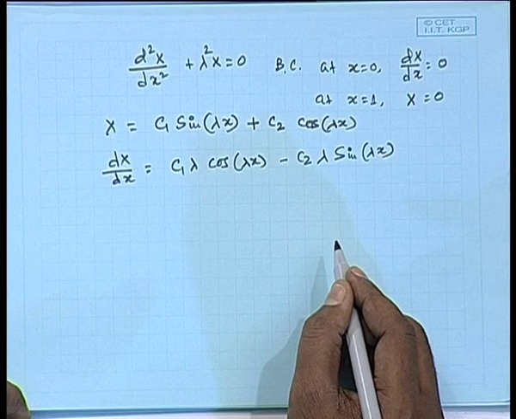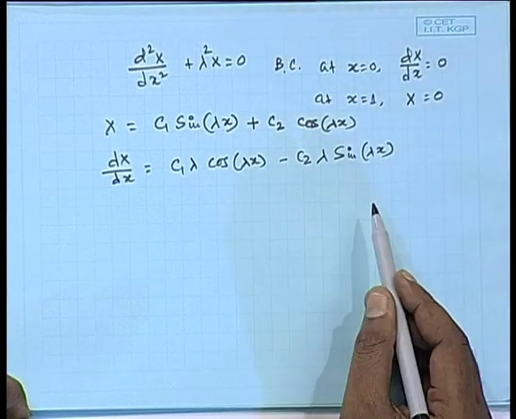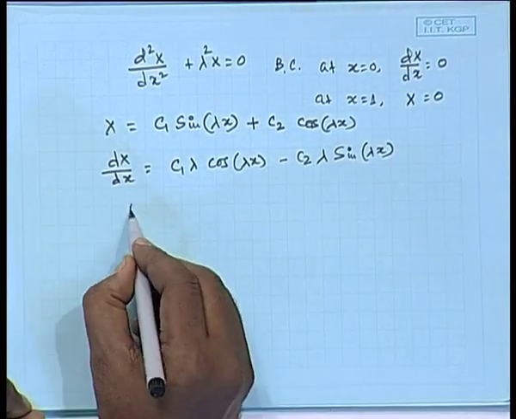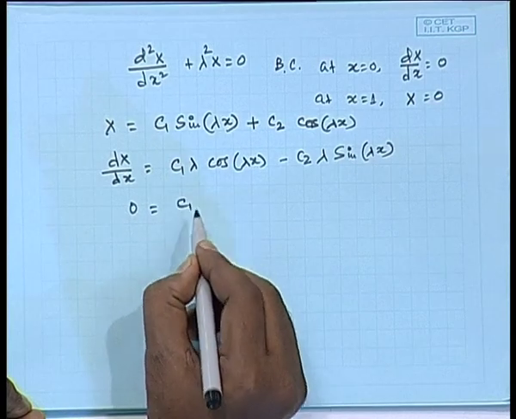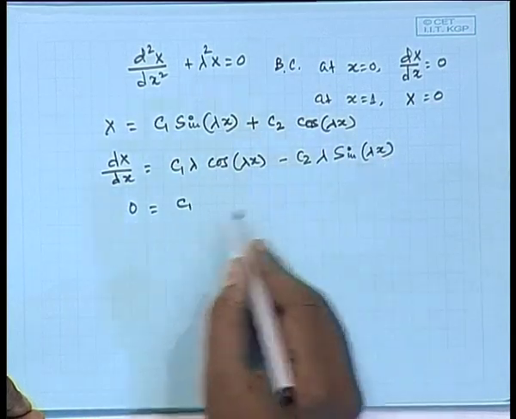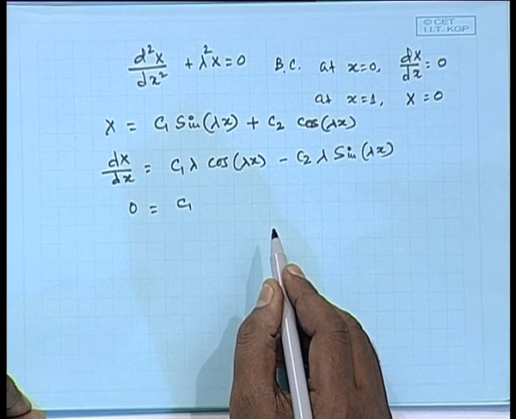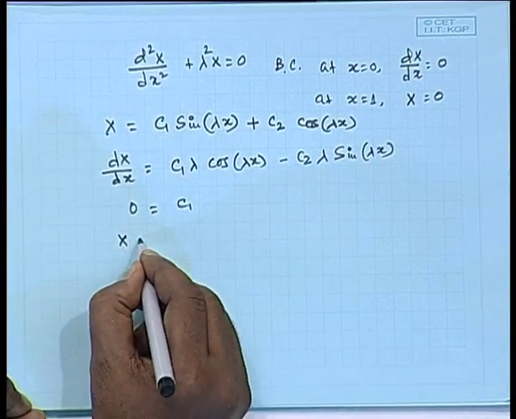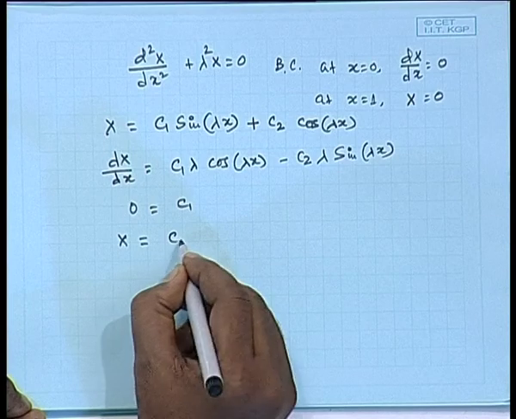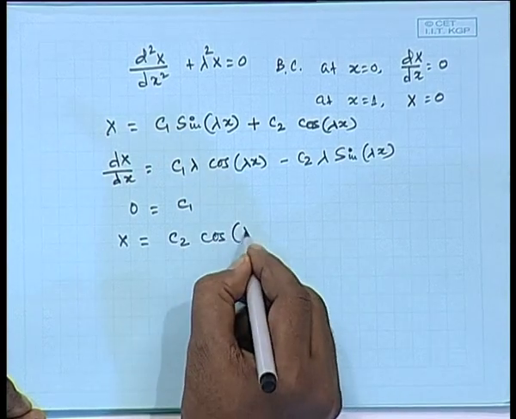Put the first boundary condition, that is at x equal to 0, dX equal to 0. It means C1 is 0, this will be automatically 0. So, C1 will be equal to 0. So, the solution becomes basically C2 cosine lambda x.